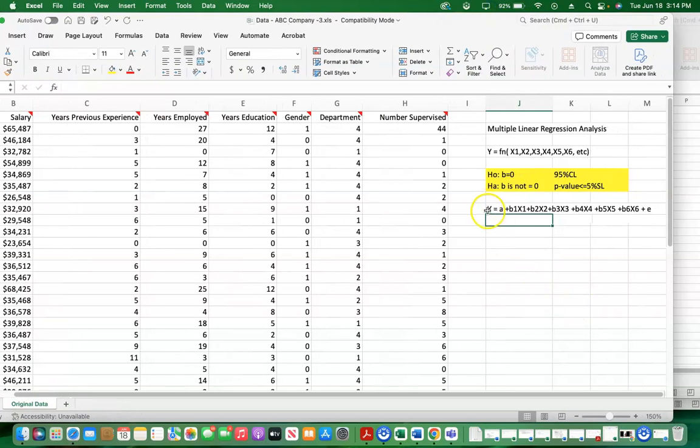So that's the observed salary, and all this is the estimated salary, and e is the residual.